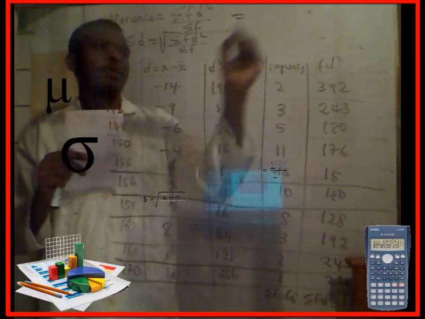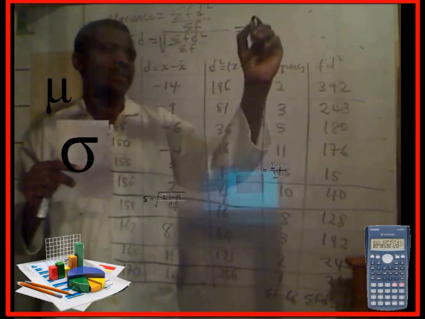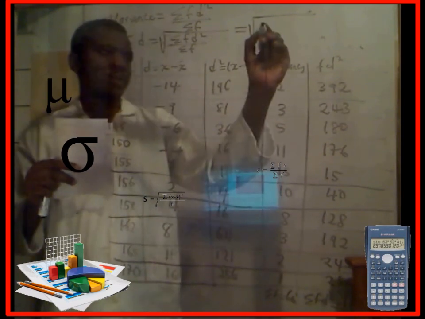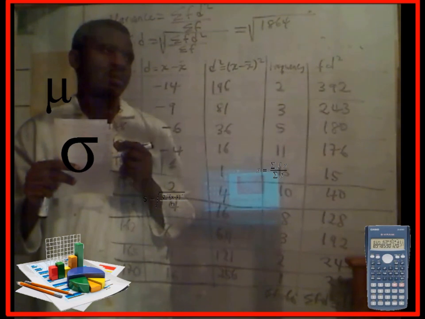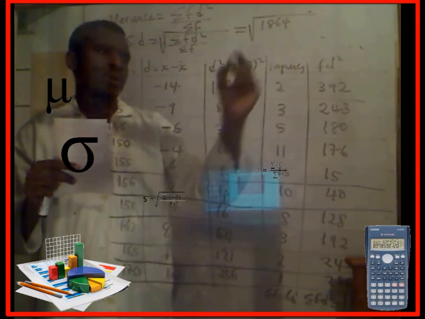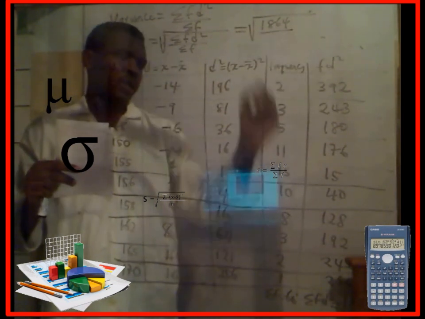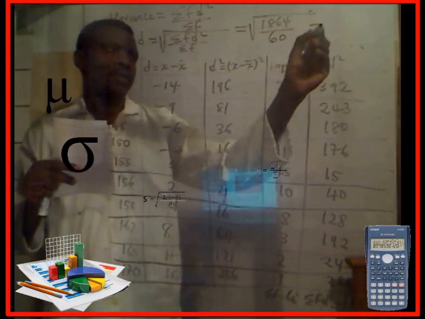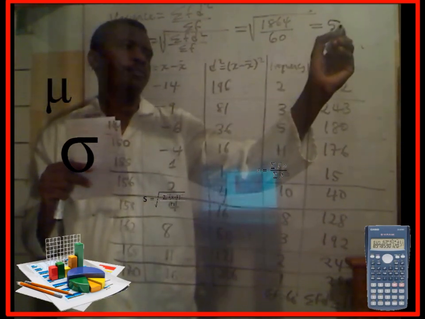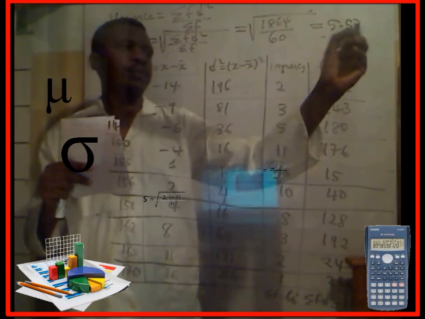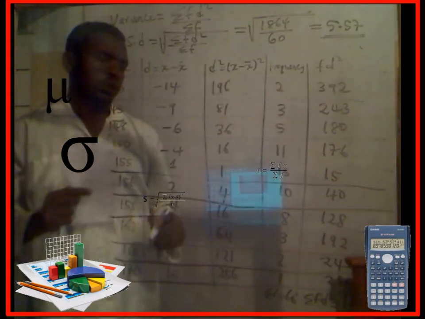So this is equal to the square root of 1864 divided by 60. Punching that on the calculator, we shall have 5.57. So we have come out with the standard deviation of this data.